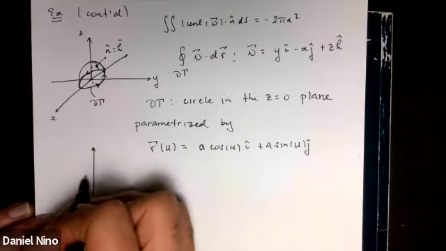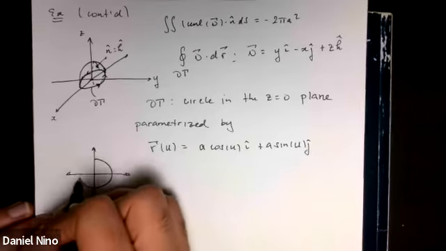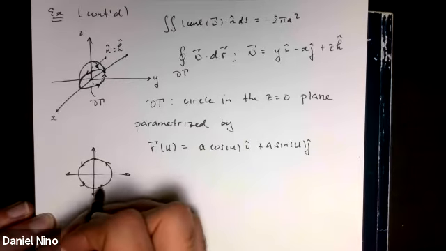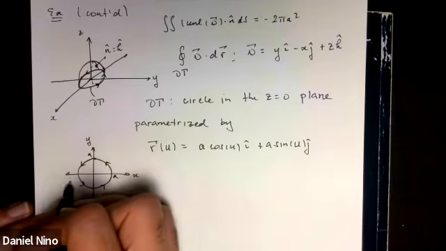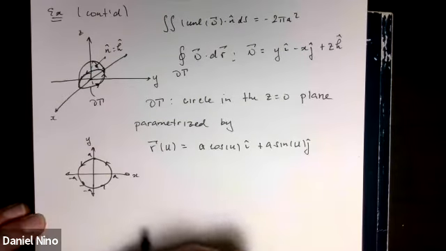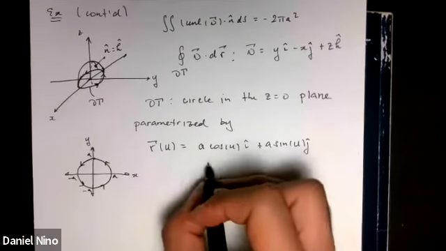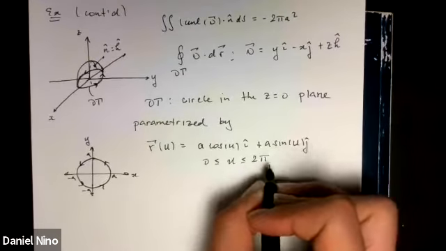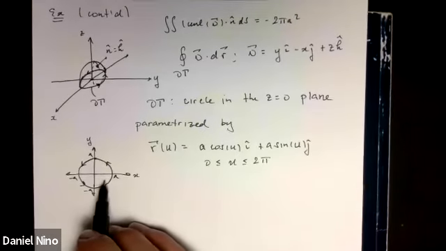Okay, so the path that we're integrating over is the circle over here. It has radius a, so each one of these points is at a. And because we're integrating over the whole circle, the range for u is from 0 all the way to 2 pi.